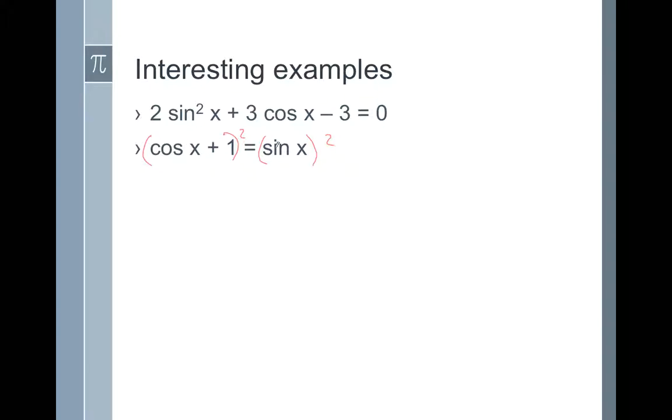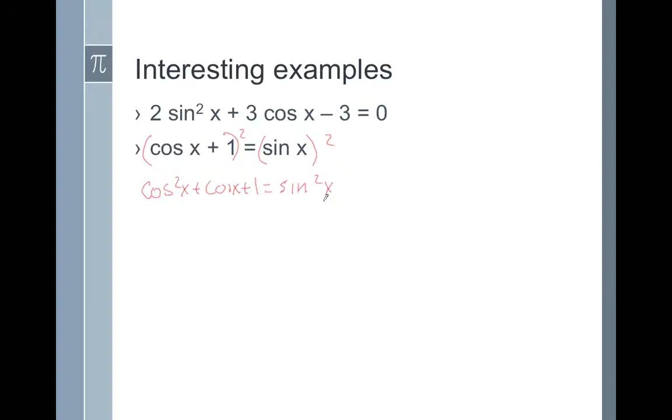If there's two functions, they're both linear, what you can kind of think of is trying to square both sides. Now this one, the left side, you have to remember to FOIL. So you get cosine squared x plus cosine x plus 1 equals, this becomes sine squared.